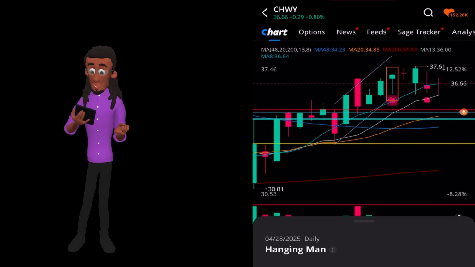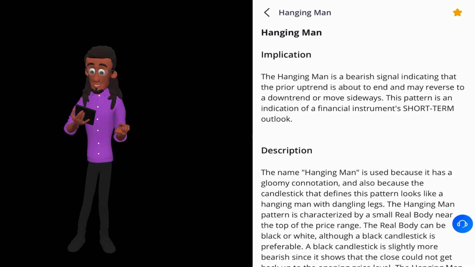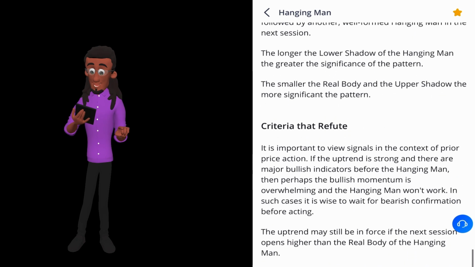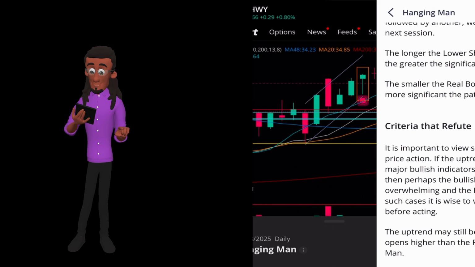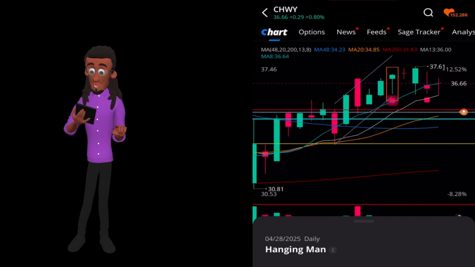You'll look at this, you'll see the hanging man, you'll see this little short-term bearish notation, and you'll be excited and want to jump in and play to the downside. But when you look deeper, you'll realize that a hanging man with a green body, where the close is higher than the open, because that's what happens with green candles, may indicate weakness in the pattern. That's a weak pattern.